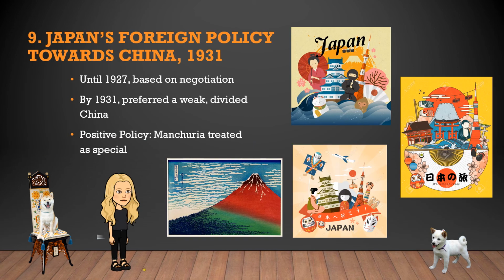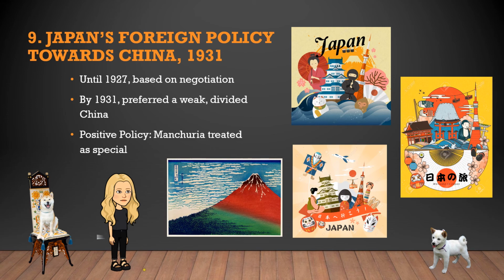Japan's foreign policy after the First World War through to 1927 was based on negotiation and working within the confines of international diplomacy. As such, Japan signed various treaties and worked to not antagonize the United States or China.